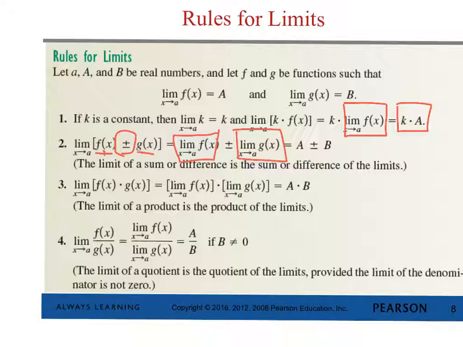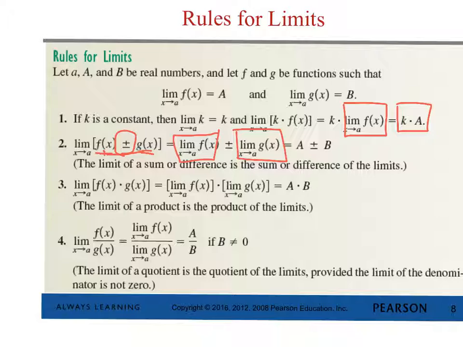So what this says is the limit of the sum of f of x and g of x is the sum of the limit of f of x plus the limit of g of x. And the same thing with subtraction. If you have the limit as x approaches a of f of x minus g of x, then the actual answer is going to be take the limit of f of x, take the limit of g of x, and subtract them.